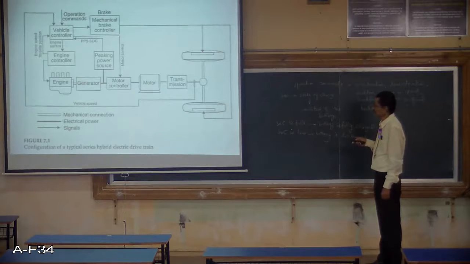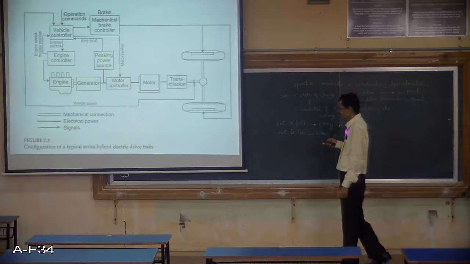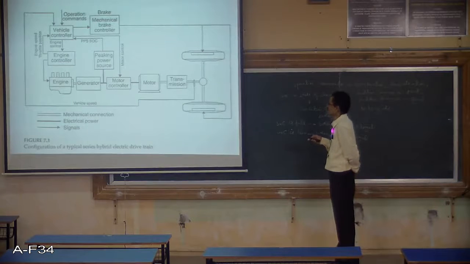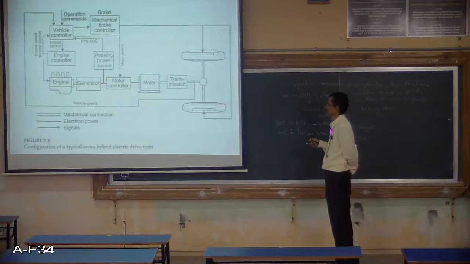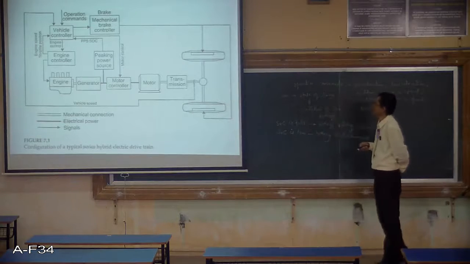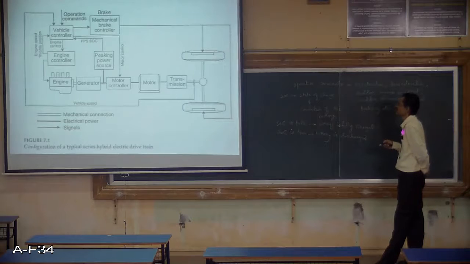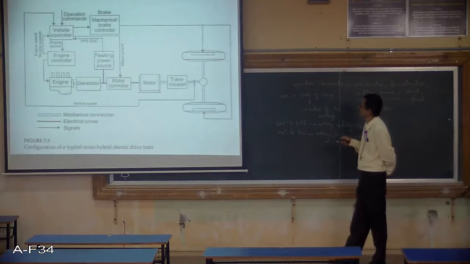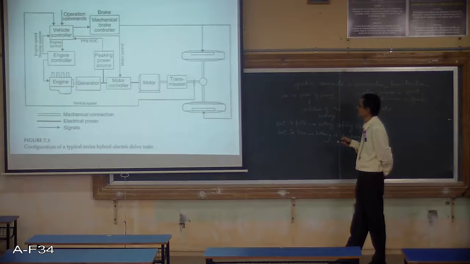If you apply the fixed voltage to the motor, it will rotate at constant speed, but we will not have the speed variation under these conditions. So what we do is, we apply the voltage to the motor through the motor controller so that the motor can run at variable speed.